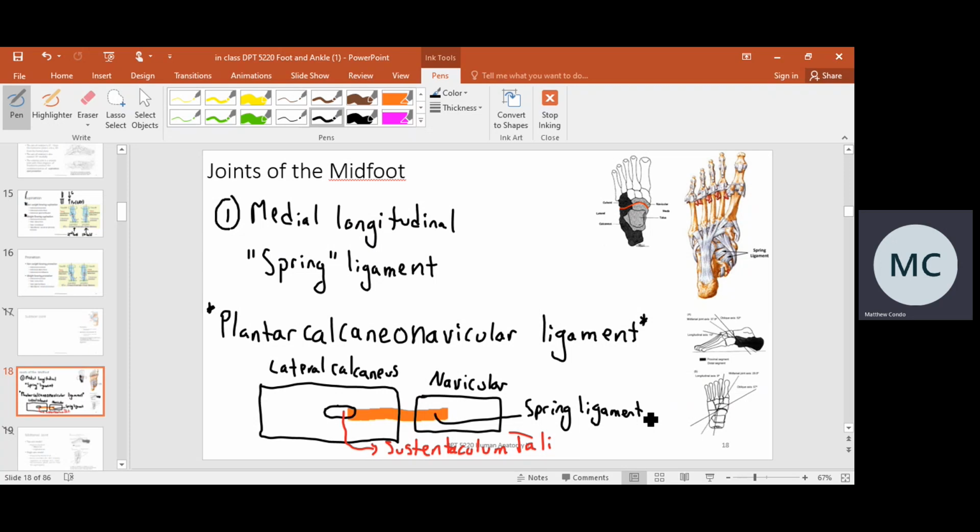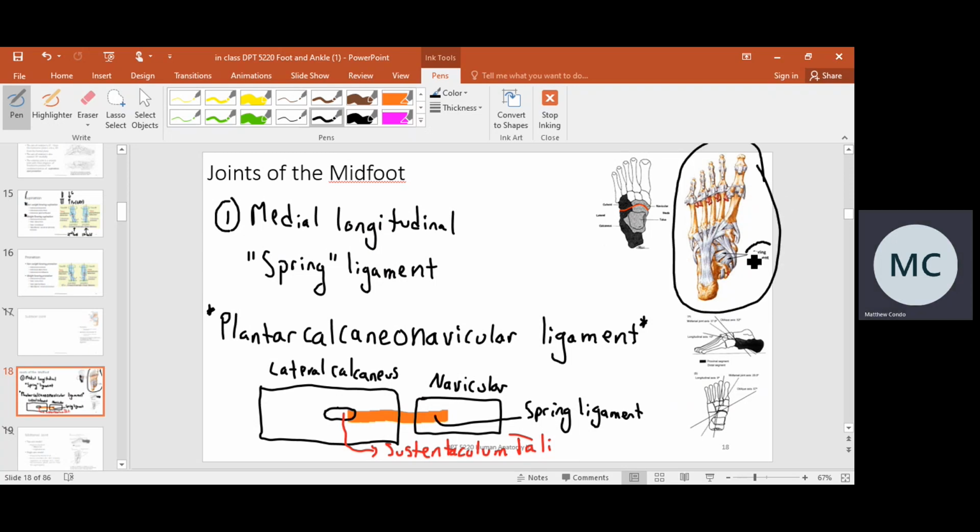Understand that the spring ligament is a very broad, very flat, very wide structure. And we can see that up here at the very top in this picture. That spring ligament is going to be obliquely oriented, but mostly oriented in the transverse plane.